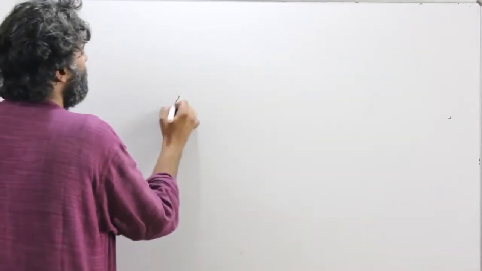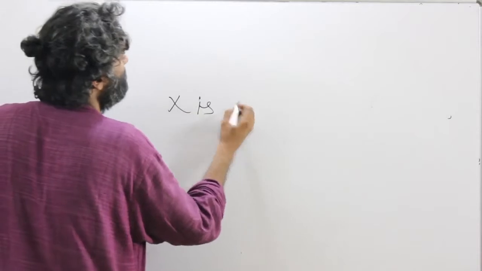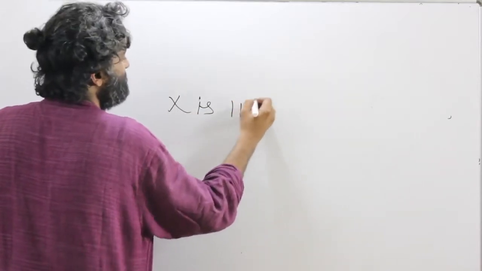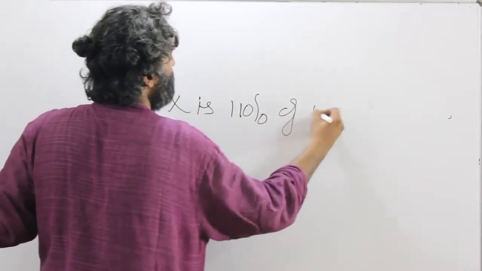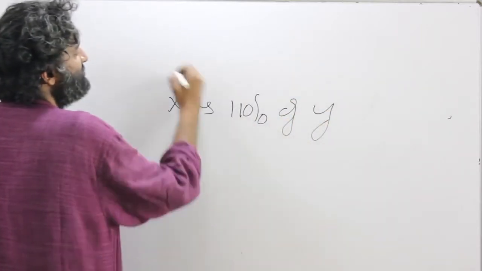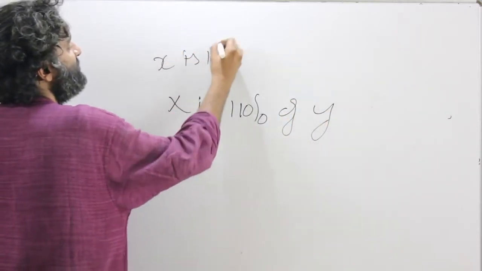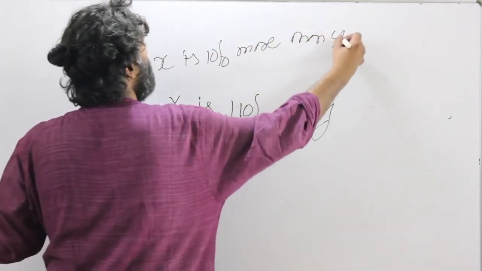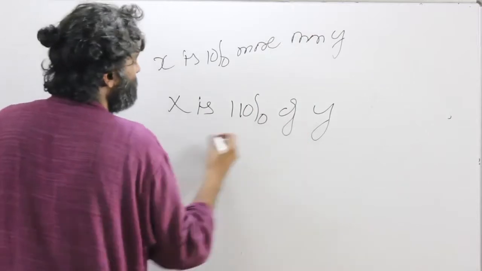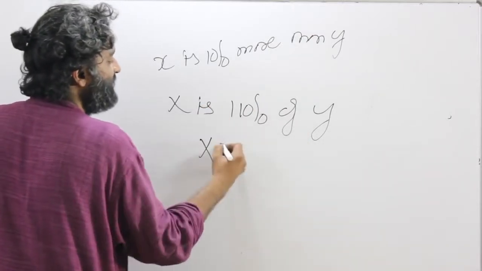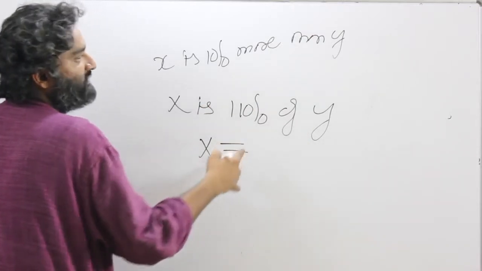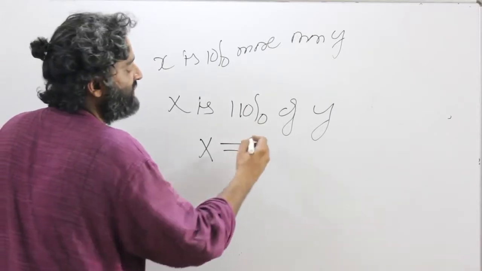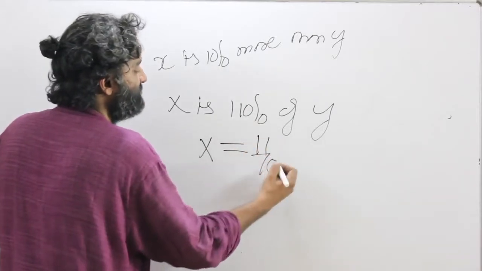If I tell you that X is 110% of Y, I could have also written this as X is 10% more than Y. Okay, so X is 110% of Y, so X is 110. 10% is 1 by 10. 110 is 11 times that, so 11 by 10.